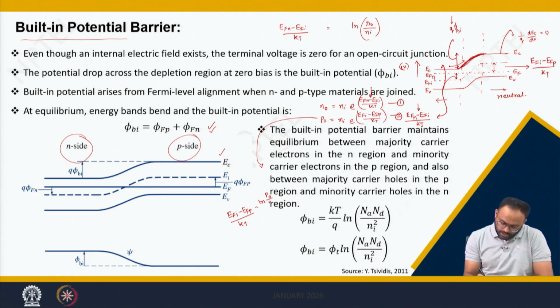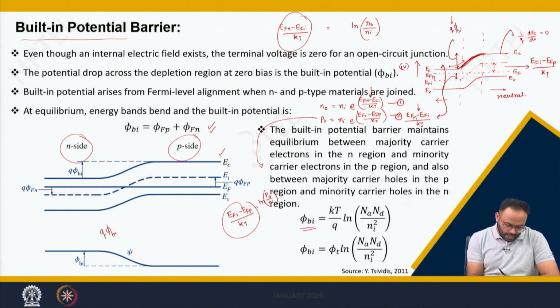Now if I want the potential barrier, I need to add these two quantities. This will give me the total height. So ultimately q times phi bi is equal to kT log of n0 by ni plus kT log of p0 by ni.